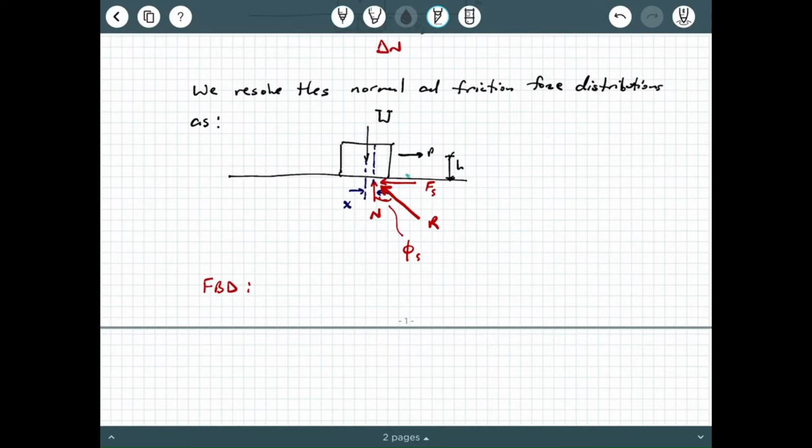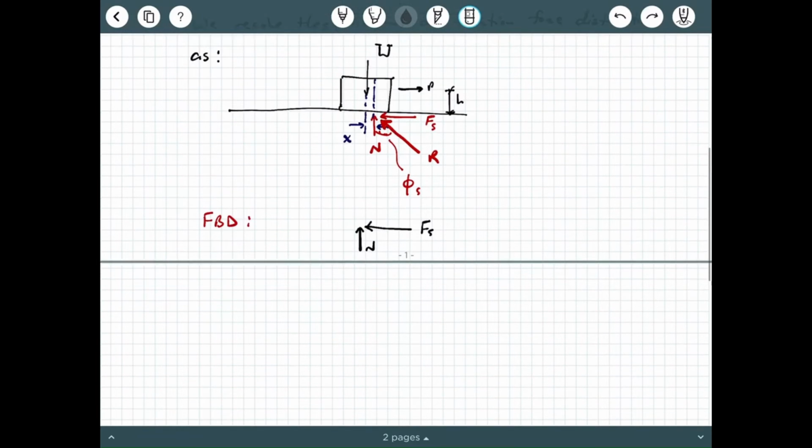So if we looked at a free body diagram, not of the whole system, we're going to look at a free body diagram of just this portion right here for now. But we're going to have N. We're going to have F sub s.